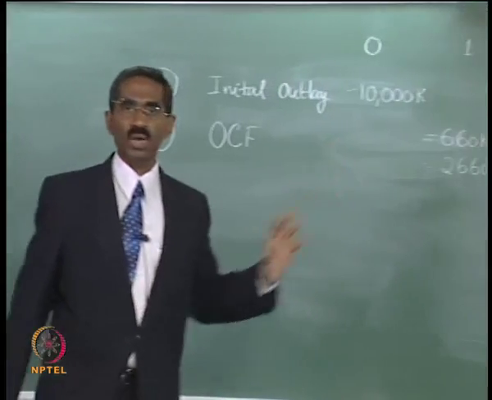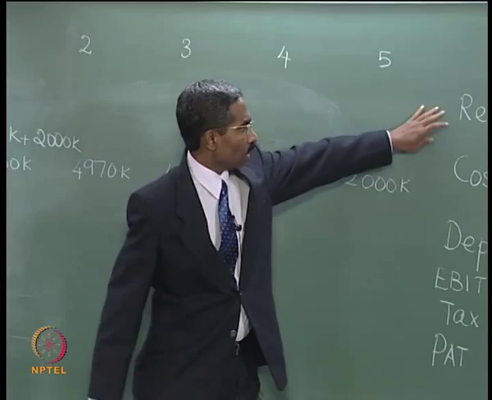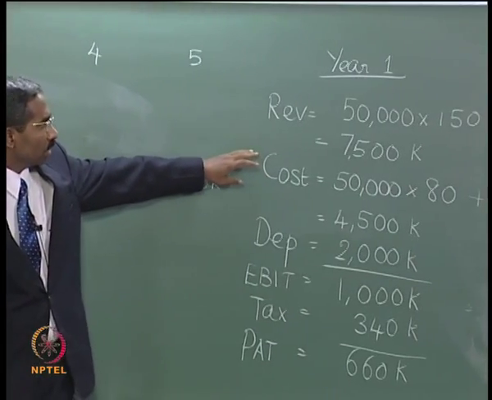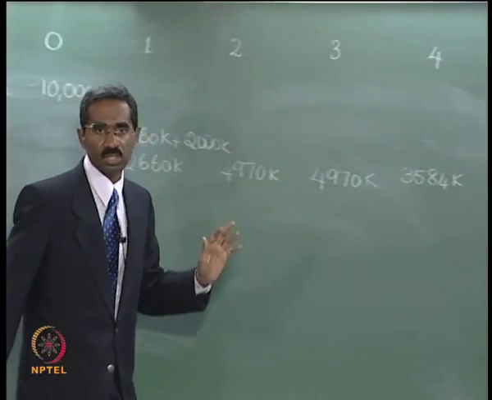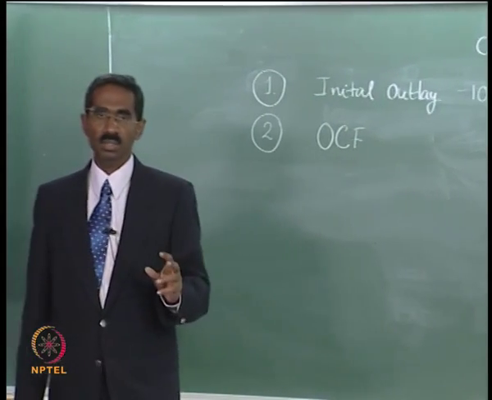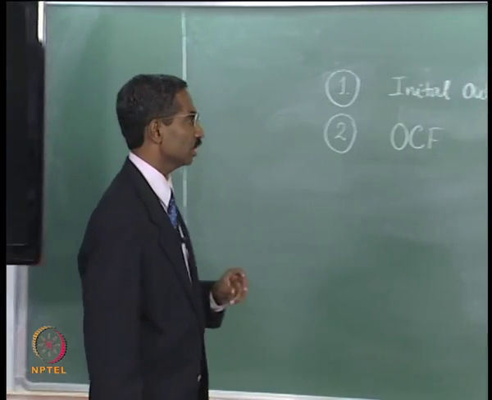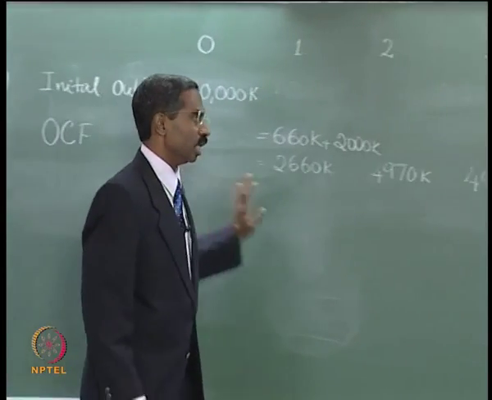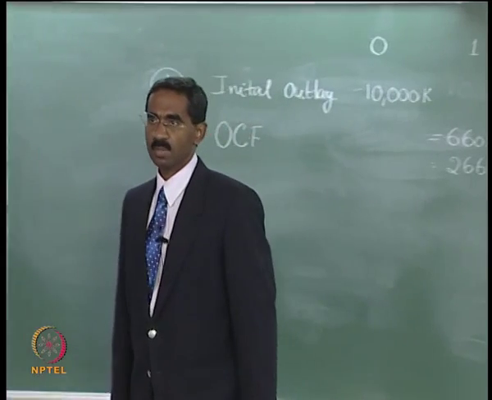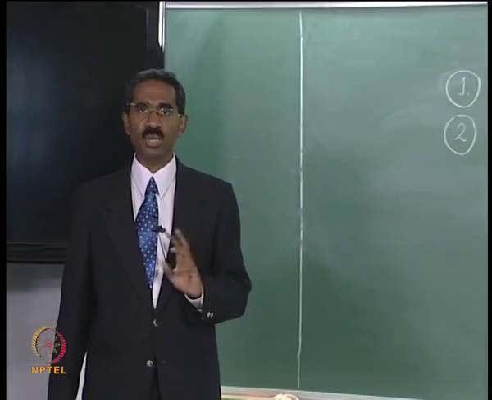So, you will have to find out the revenues and costs that we did for year 1 for each of the 5 years, and then add up the net income for the respective years with the depreciation of that year to calculate the operating cash flows for each of the years. So, we have completed 2 cash flow streams.